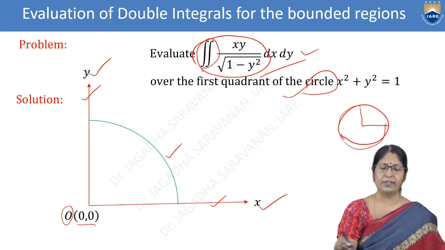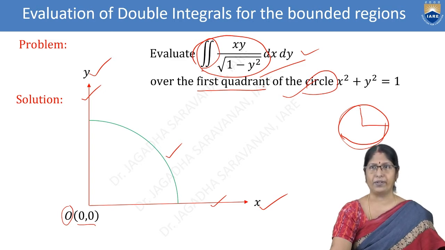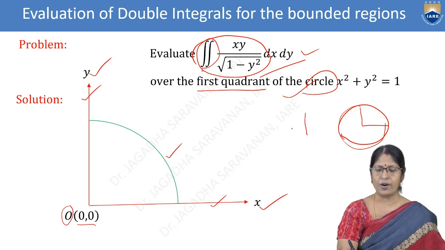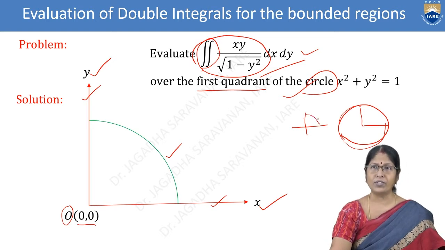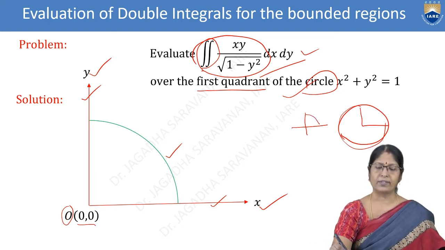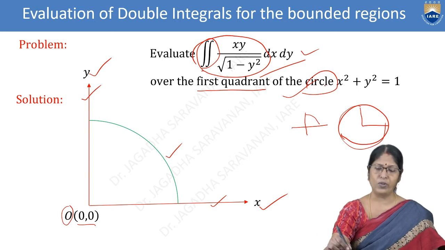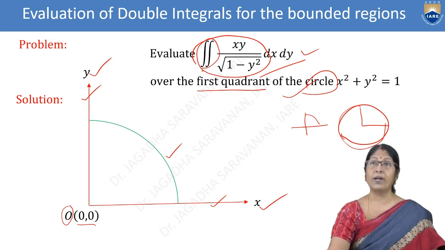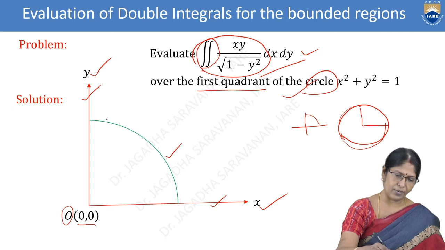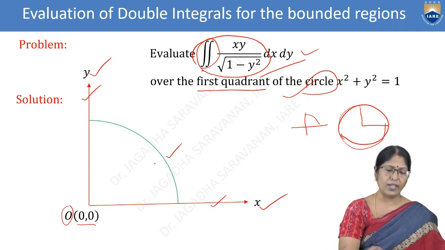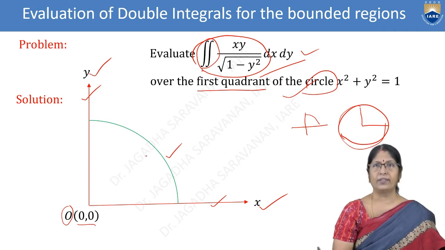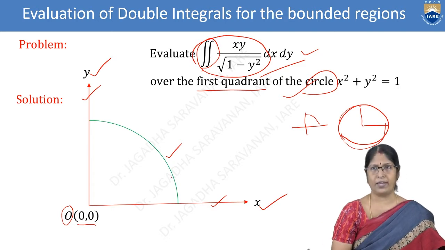The reason is that another word is given, first quadrant. The 4 quadrants are there, and this quadrant only is called the first quadrant. Only the circle which lies here is our problem condition. That is the reason only the first quadrant part of the circle curve is drawn here.